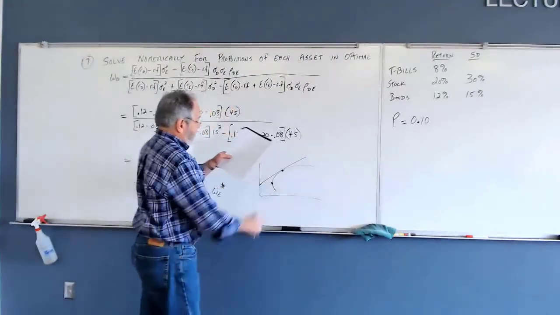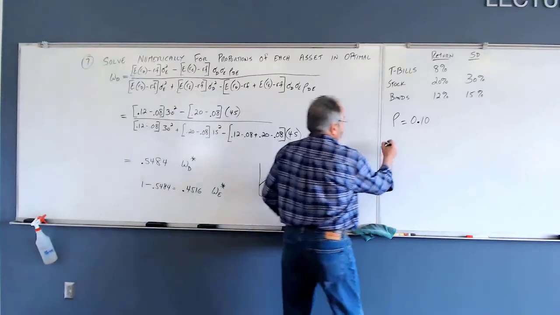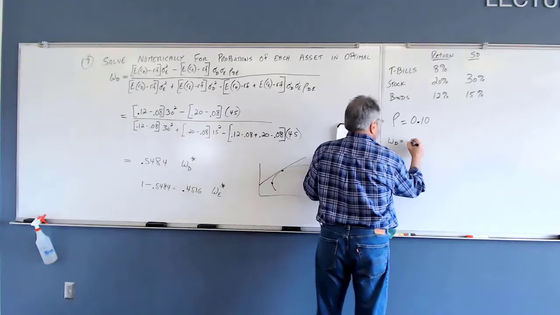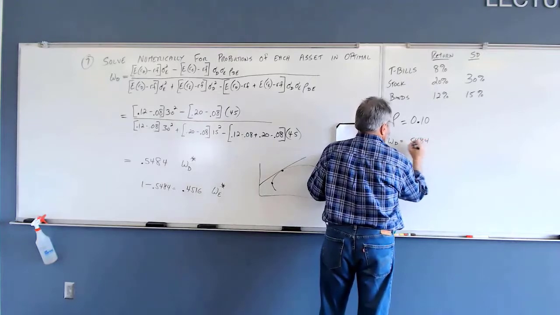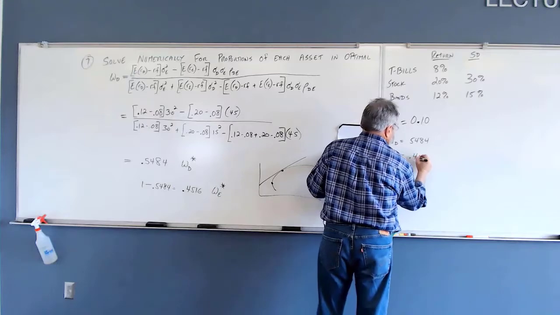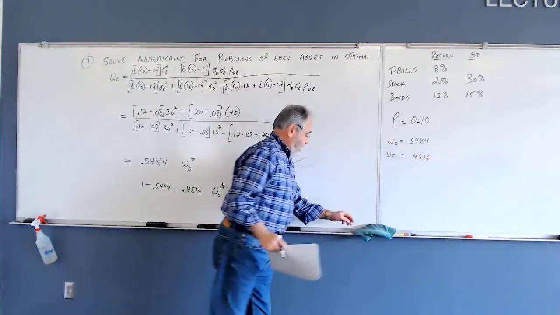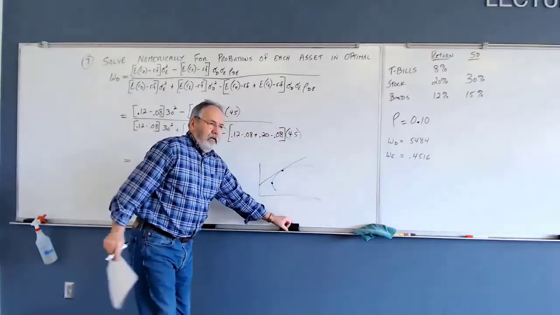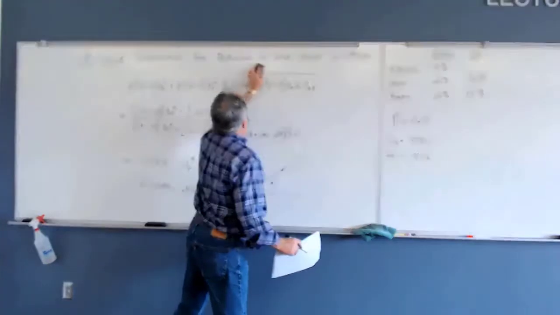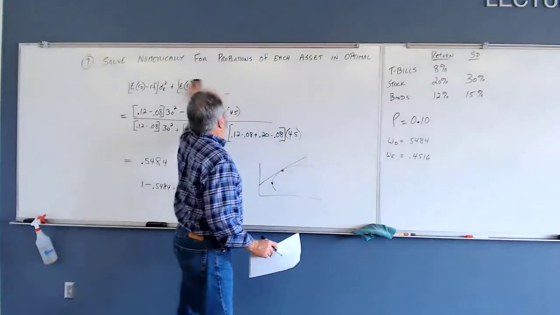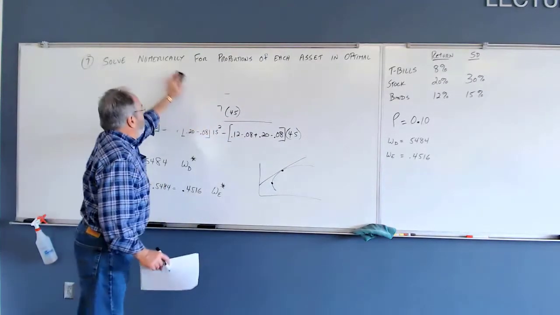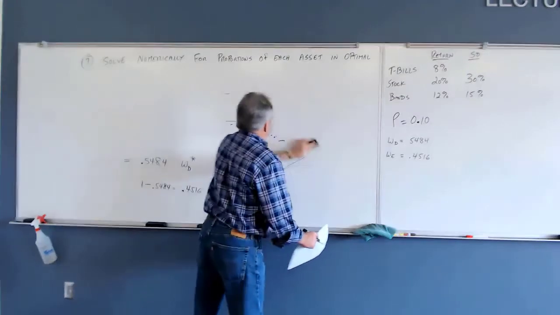So I'm going to put the weights over here so we have them to solve the rest of the problem. Okay? Everybody's good. Let's erase this. Because the rest of the question says, well, what's the return and standard deviation in that portfolio? And this is easy, right?